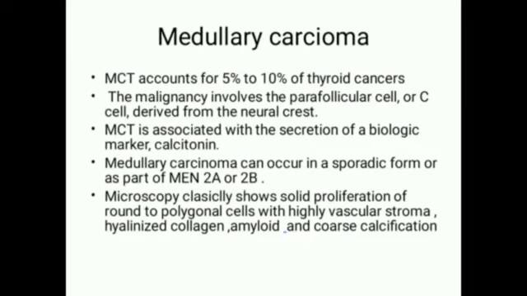The next one is the medullary carcinoma, the third carcinoma. 5 to 10% of thyroid cancer cases are of this type. Up to now, the follicular and the papillary are tumors of the follicular type.